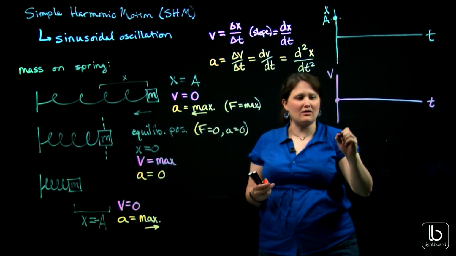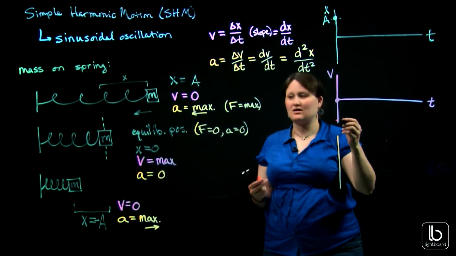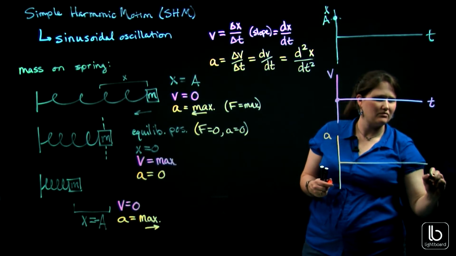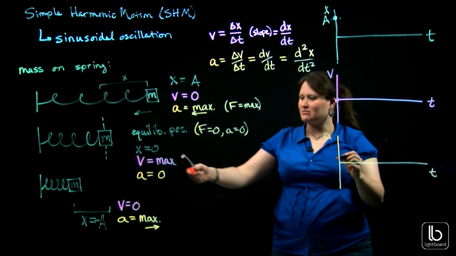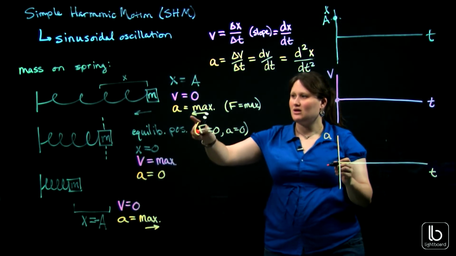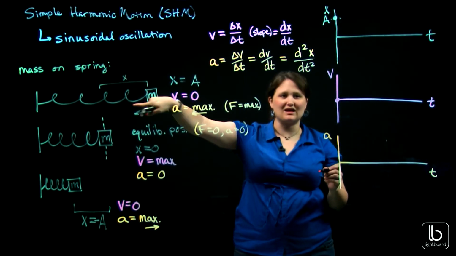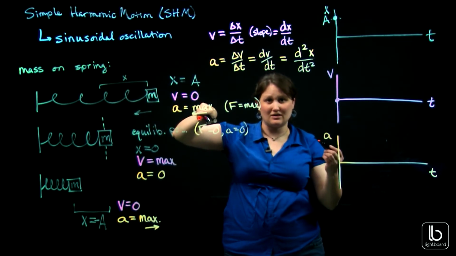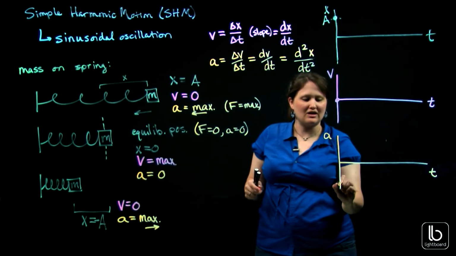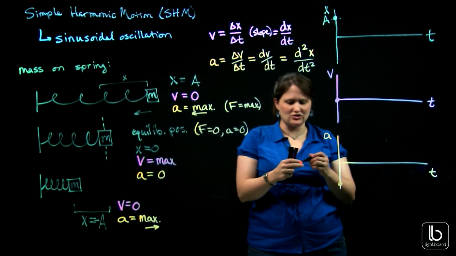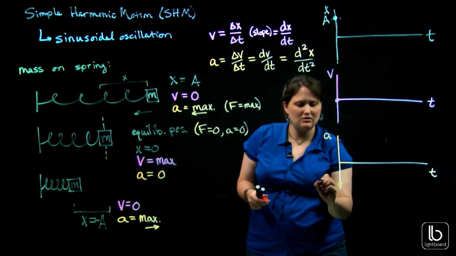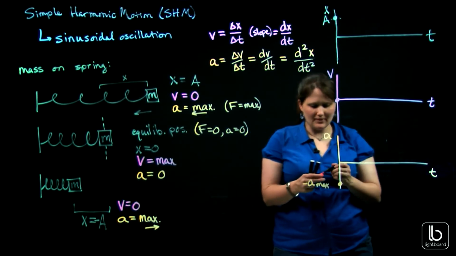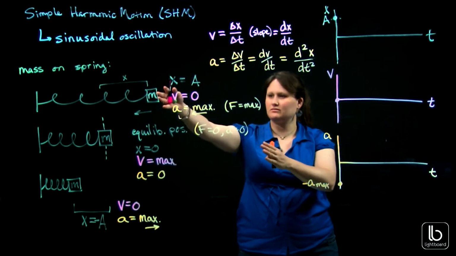We can talk again about my acceleration with respect to time. So initially my acceleration is in this negative direction. If we call this a positive x, acceleration with a decreasing position, we're looking at a negative acceleration. So I'm going to call that negative A max. Okay, so that's my first case.